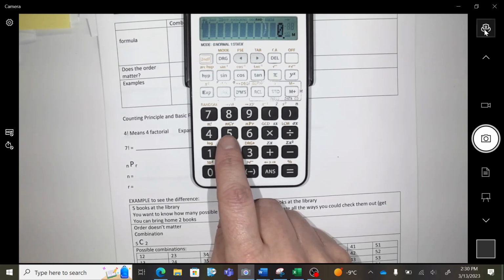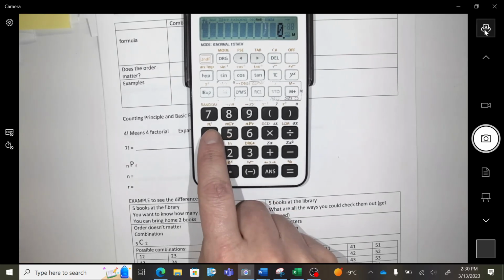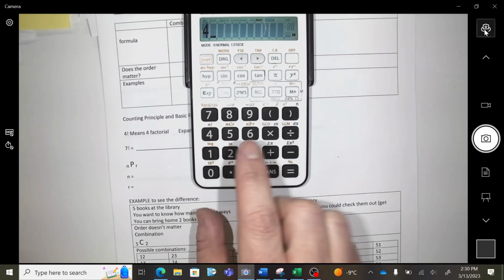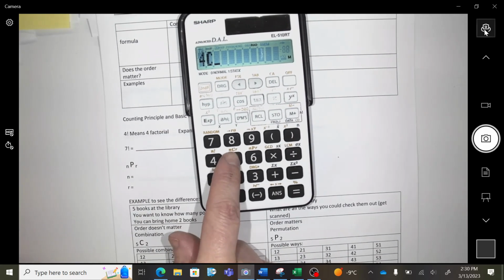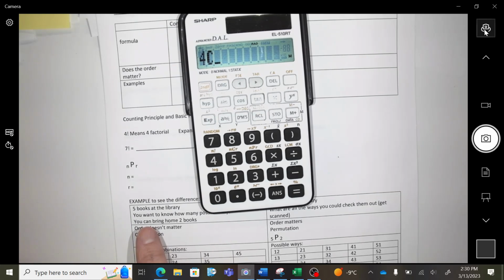So this is what I'm going to do, and then I'll have to come around to see who has different types of calculators. There's 4 objects, so I'm going to hit 4 first. I had 4 markers, and then I'm going to hit that button. I had to do a second shift, and I have to choose 2 markers. So 4, choose 2.